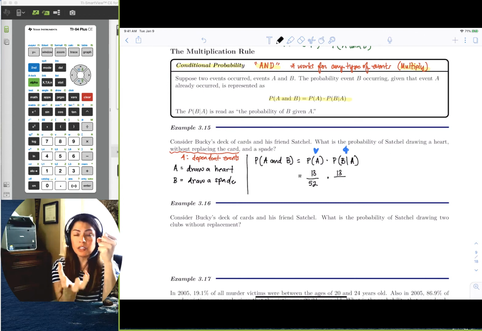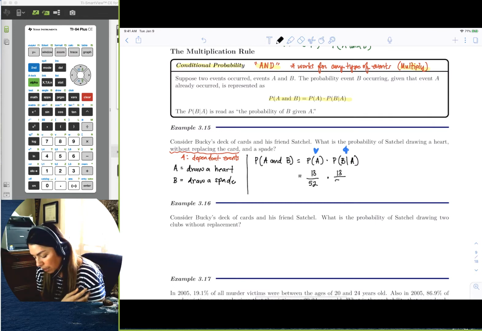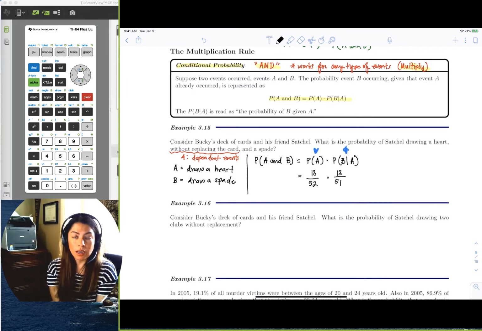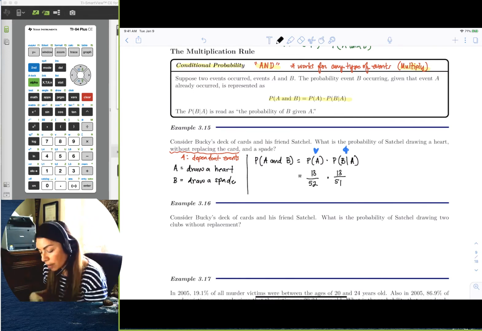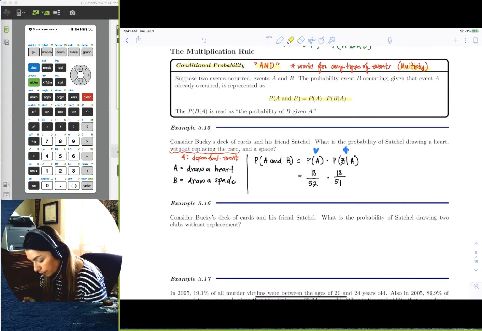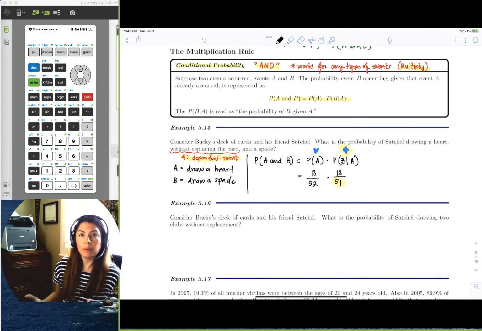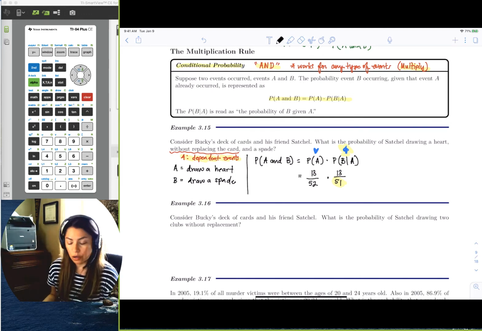You had 52; now he draws one and is holding a heart, so there's one less card in the deck, and there are 51 cards. Just because there were still 13 spades doesn't mean there were fewer cards to pick out of, so it changes this denominator right here. That's where the dependent events come in, because the probability is going to change on that second draw.